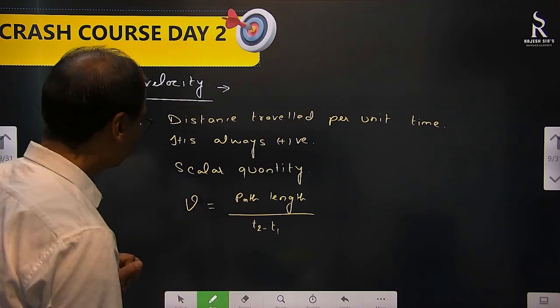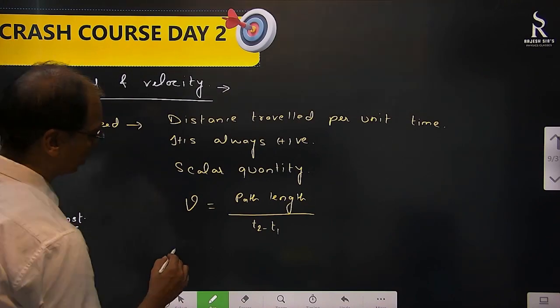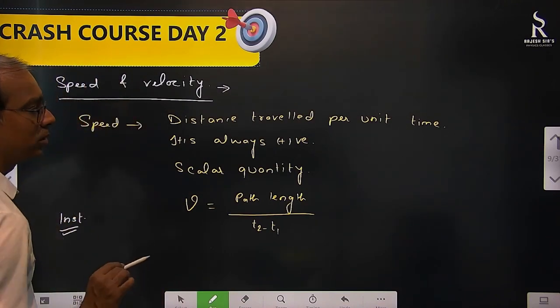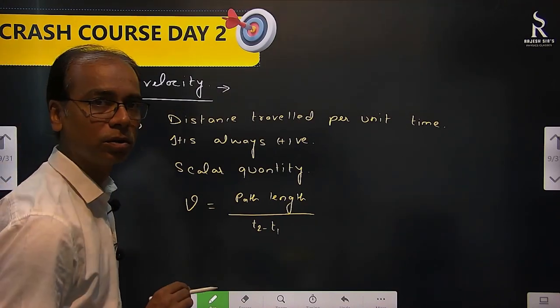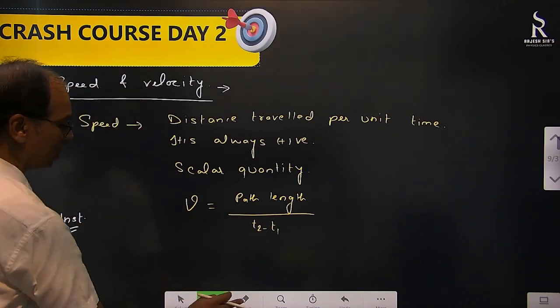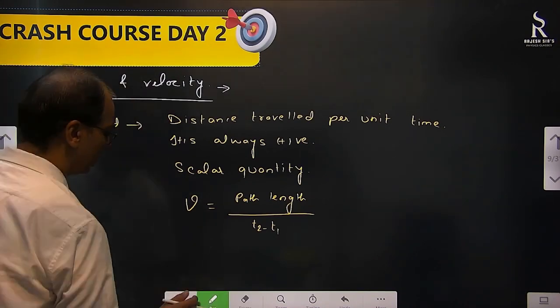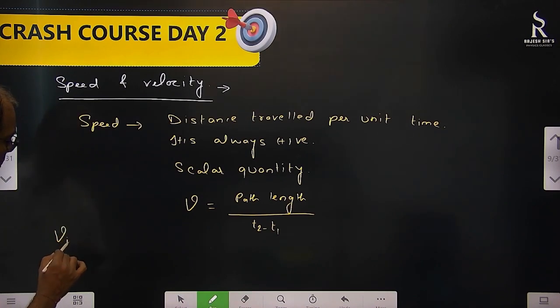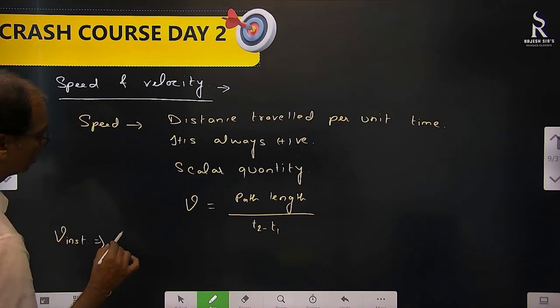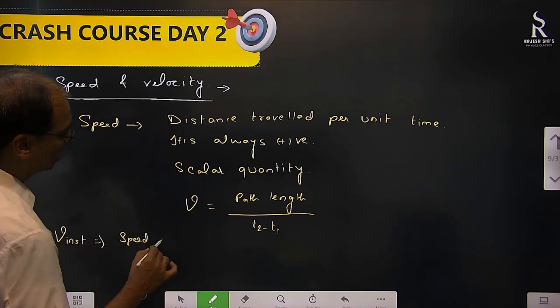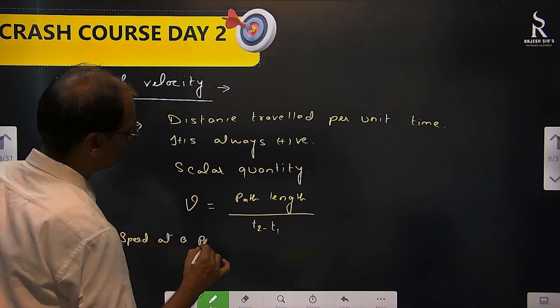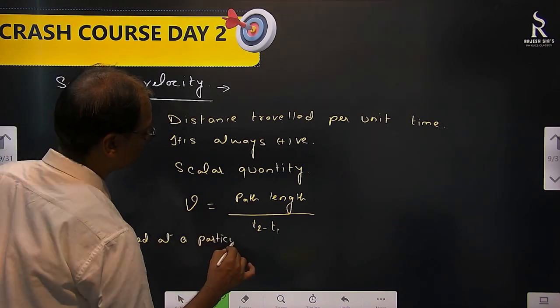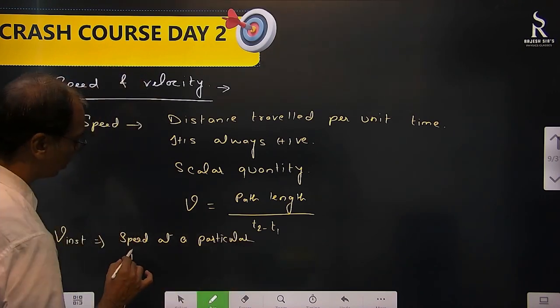But when you talk about instantaneous speed, instantaneous means what? Instantaneous means speed at a particular instant. Now when you say particular instant, what happened here?